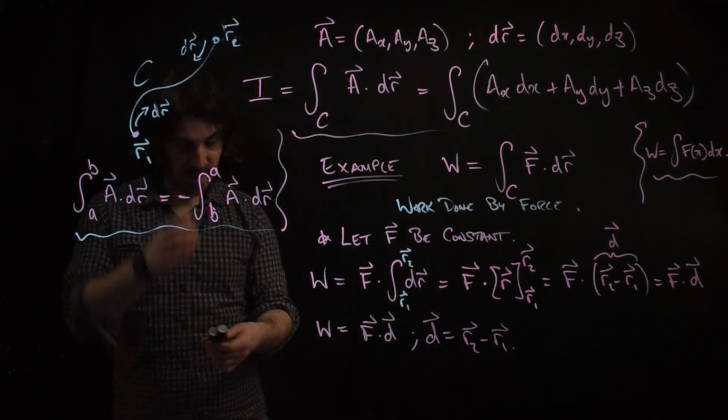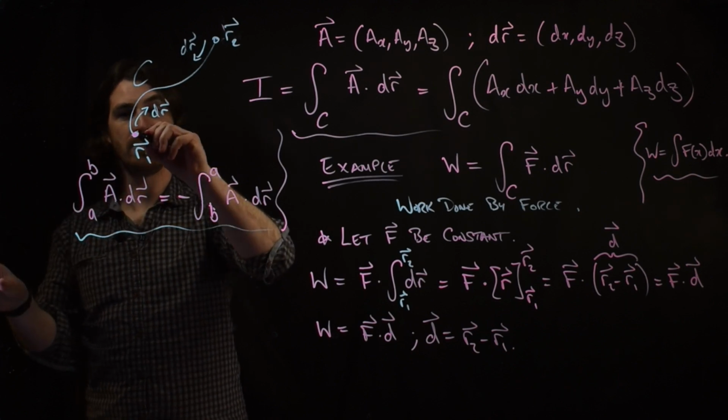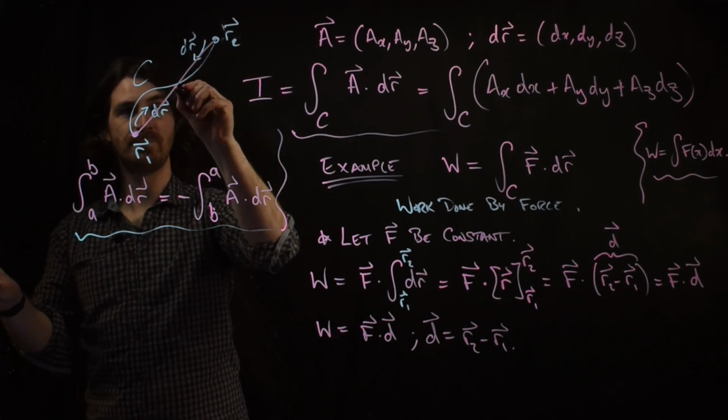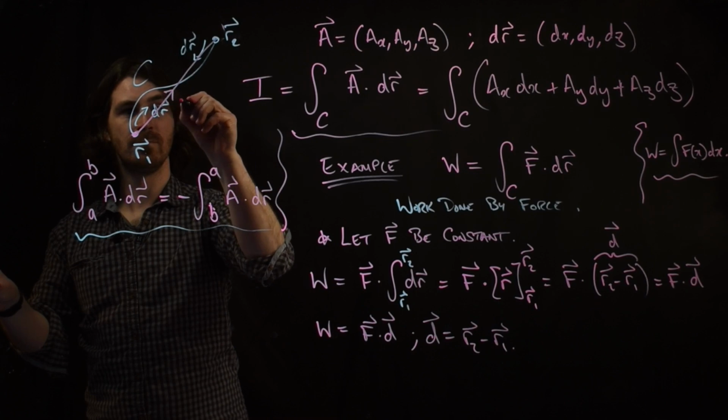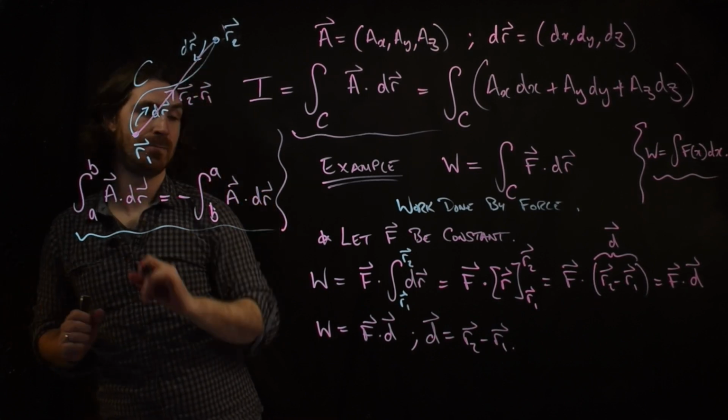So what does this mean? r2 minus r1 is this vector that joins these 2 points. This is the d.